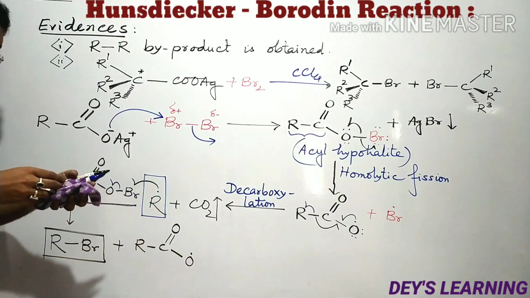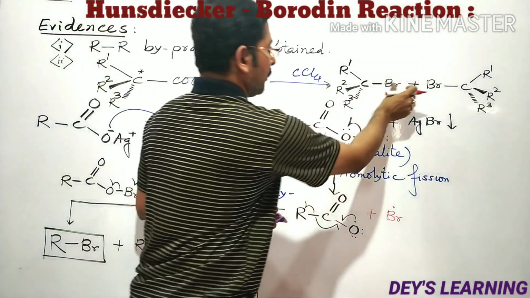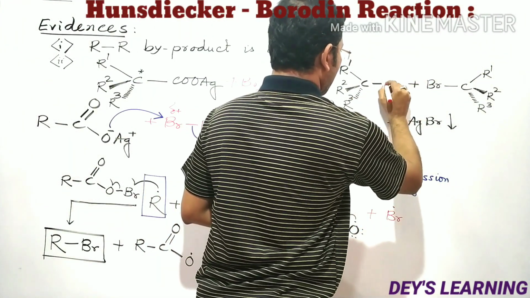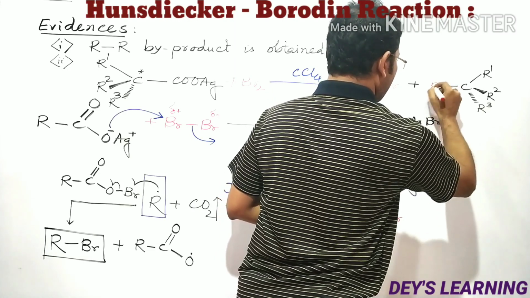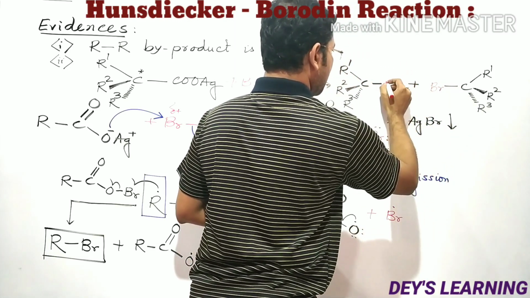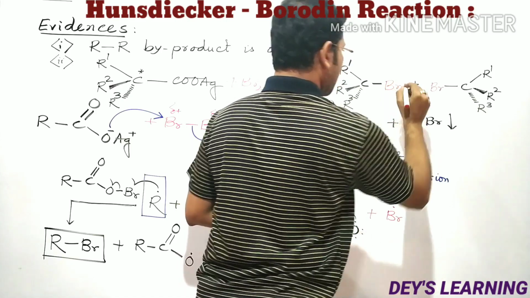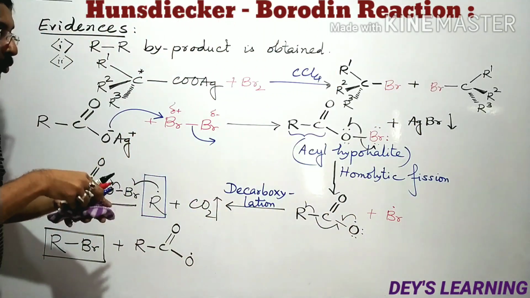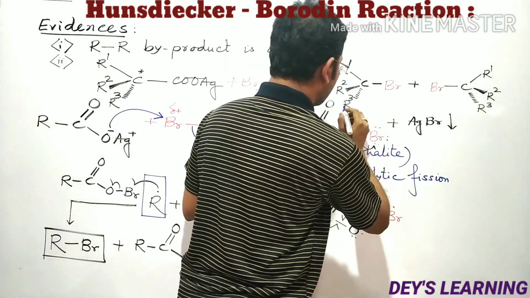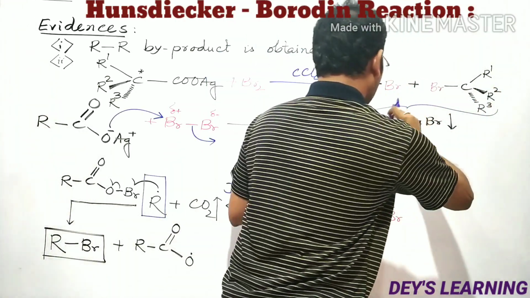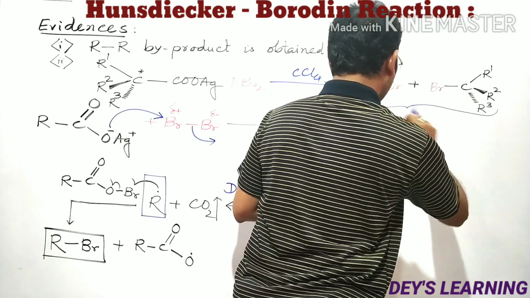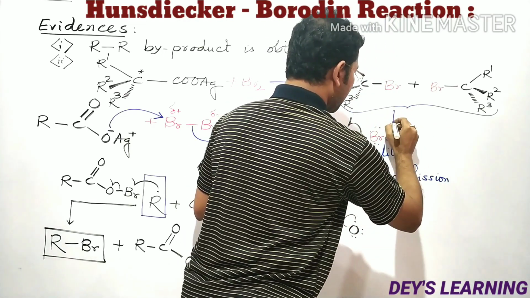So we will get a mixture where the bromine is on either side. Okay, so we will get a mixture of two products, and obviously this will be a racemic mixture.